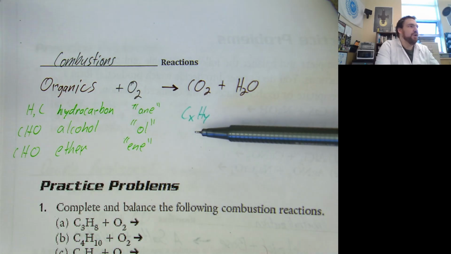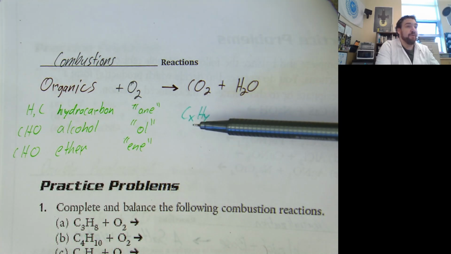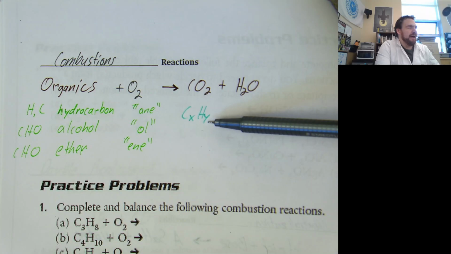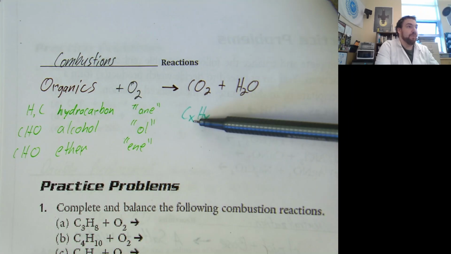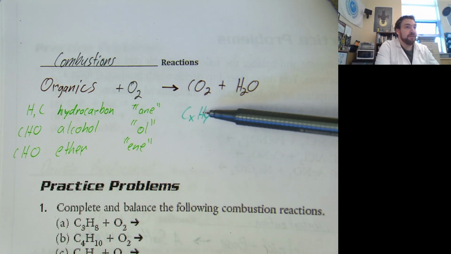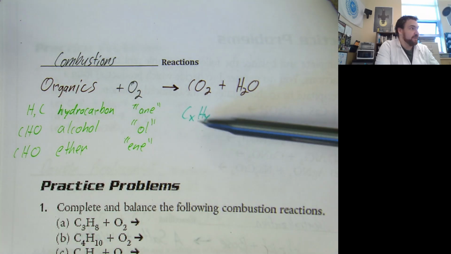There are pairs of numbers that go together here. For example, I said methane. The formula for methane is CH4, so 1 carbon, 4 hydrogens. The next one is propane. Propane is C3H8. So in propane, the x is a 3, the y is an 8. So this is the general form for a hydrocarbon, made of carbon and hydrogen, and these x and y can be any number.